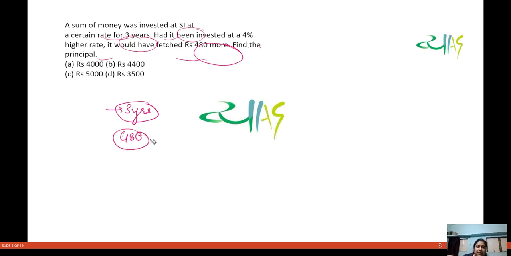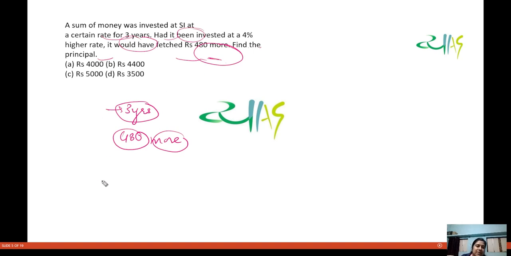So basically what is happening here is that this 4% for 3 years is bringing you 480 more.